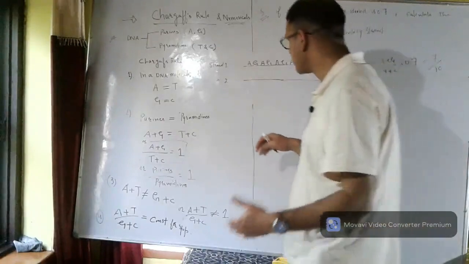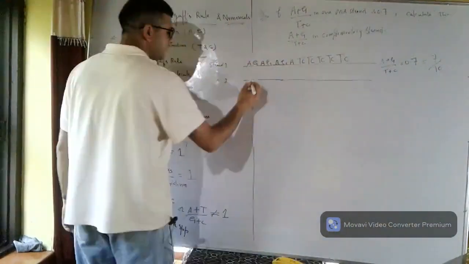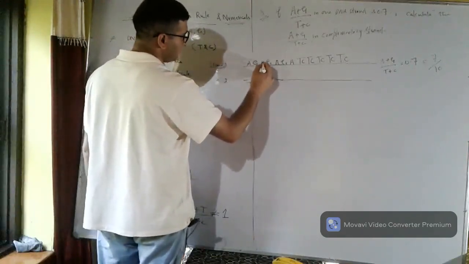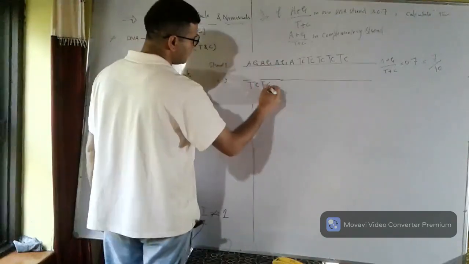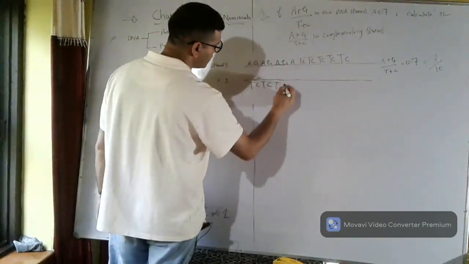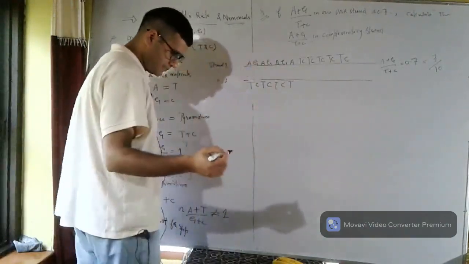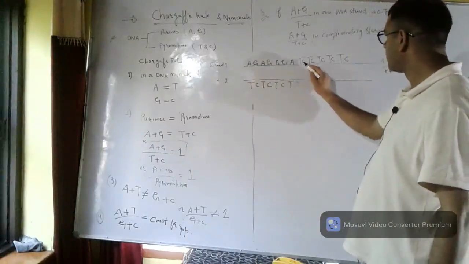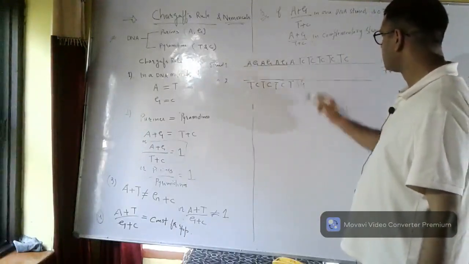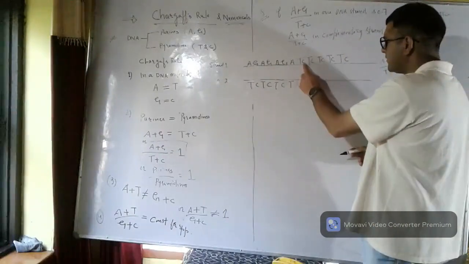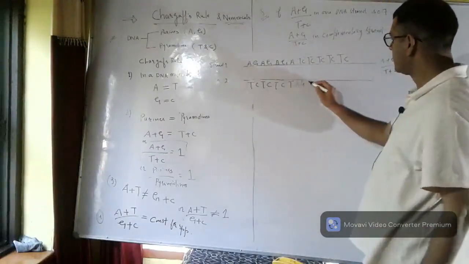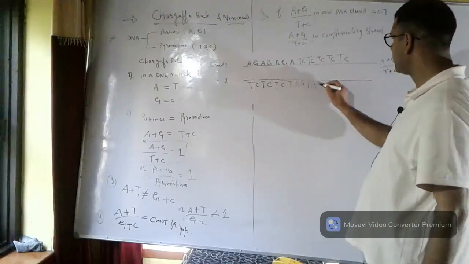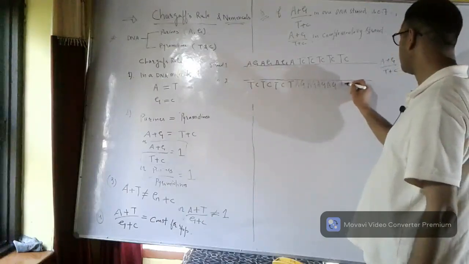Then in the complementary strand, what would it be? Adenine pairs with thymine, guanine pairs with cytosine, thymine pairs with adenine, and cytosine pairs with guanine.